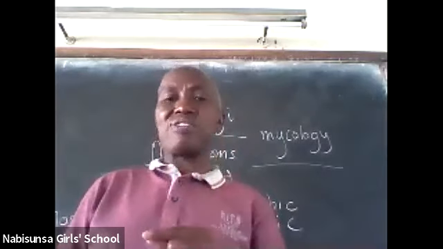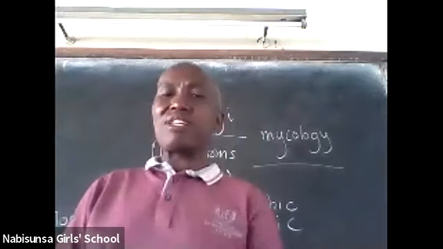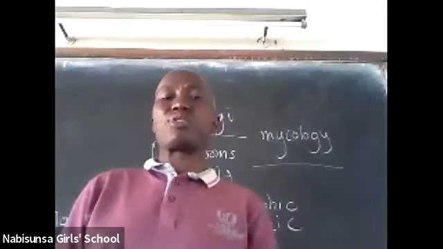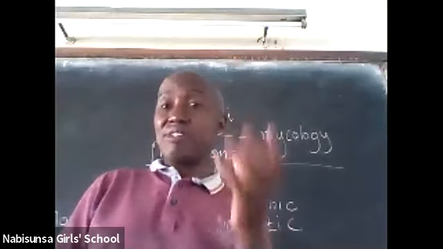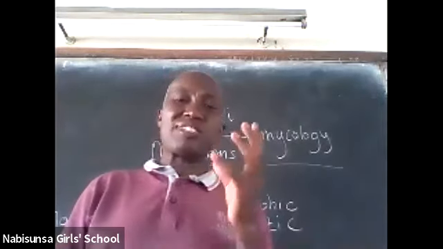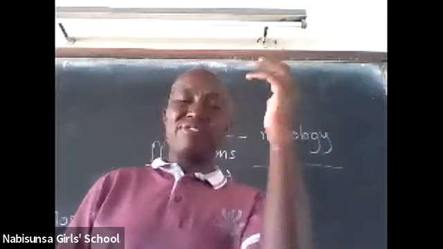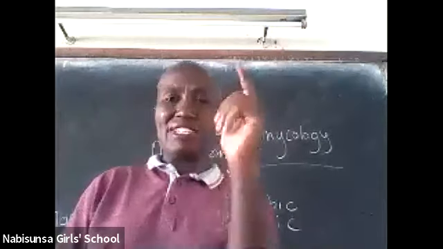You may have heard of that one that causes that bad smell. Someone is talking of the ringworm. Good. So those fungi are onto your skin. They are getting nourishment from your skin, from your body, and somehow they're causing some negative effect onto you. So they are said to be parasitic.